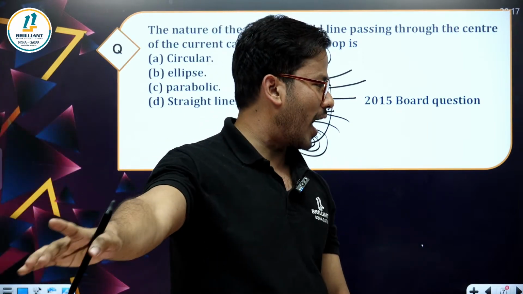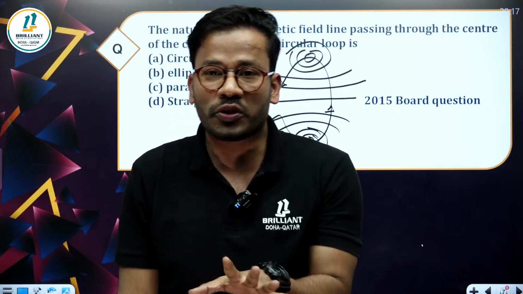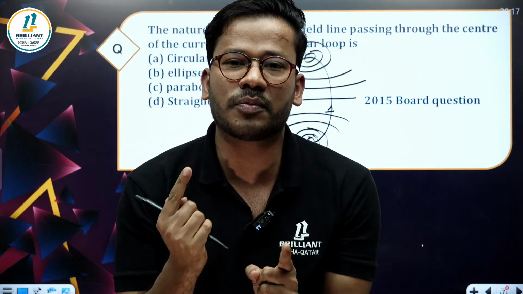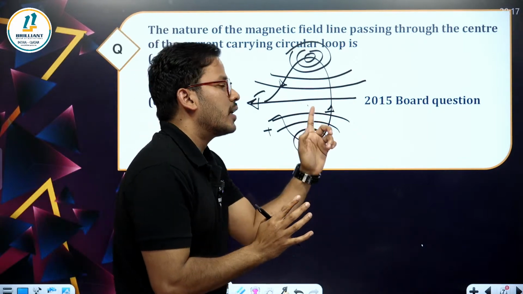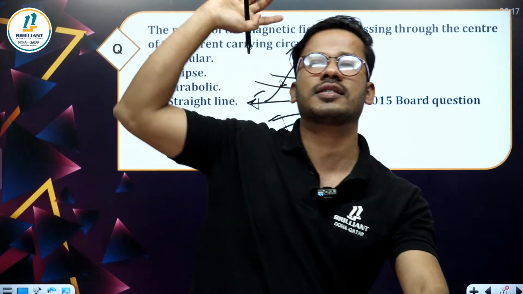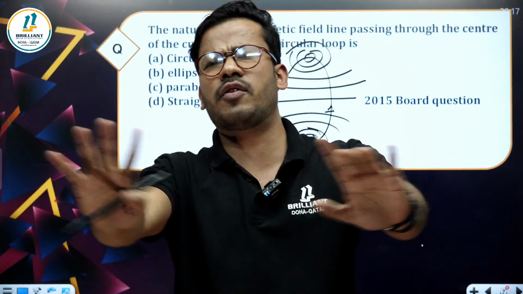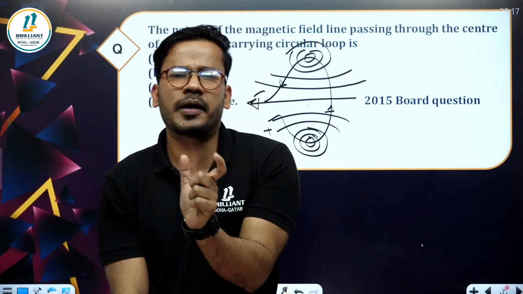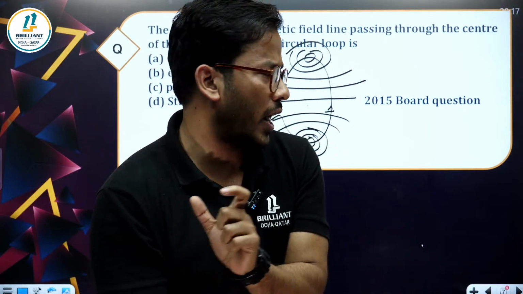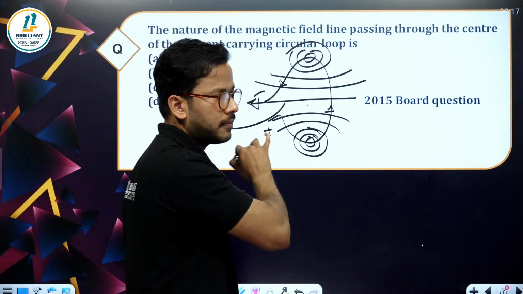So I explained that the magnetic field is concentric circles around the wire, and as we go towards the center, the arcs become bigger and bigger, and at the center it appears as a straight line. There you go, your answer.